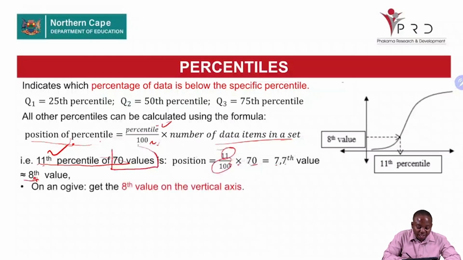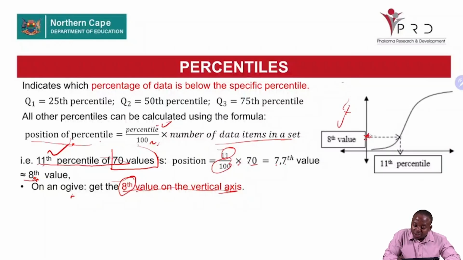So where do we find the 8? On the Ogive curve, we find the 8th value on the vertical axis, remember this will be frequency. So the position of the percentile is on the vertical axis.